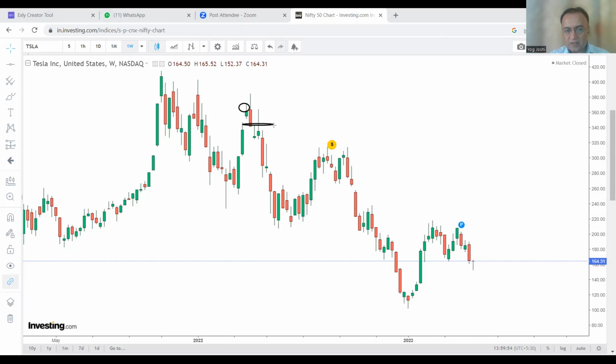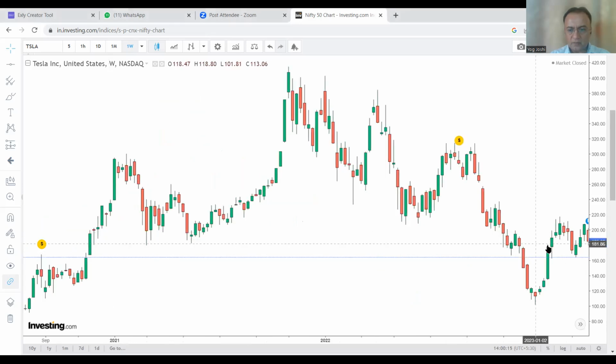Whenever we receive any candlestick pattern, try to draw a horizontal line. The low of this red candle is broken by this candle. Once again, a pin candle at the bottom.